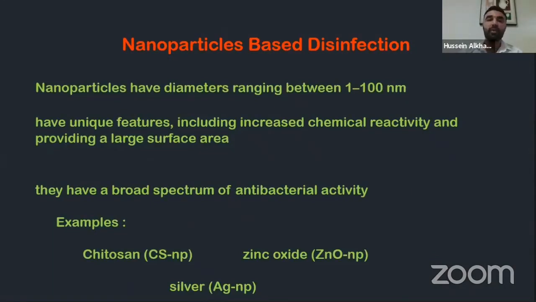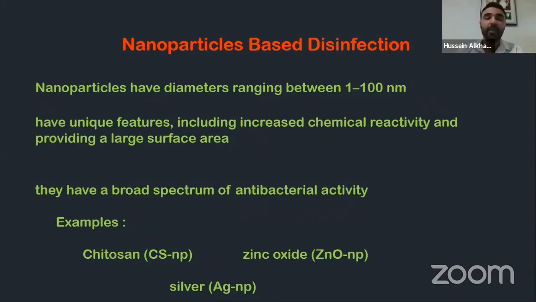Nanoparticles-based disinfection. Nanoparticles are the new trend in dentistry and in all life fields. In dentistry, the recent advancement of nanoparticle technology has led to increased interest and introduction of nano-based particles, which could be used in endodontic irrigation. These particles have a nano diameter ranging between 1 to 100 nanometers.